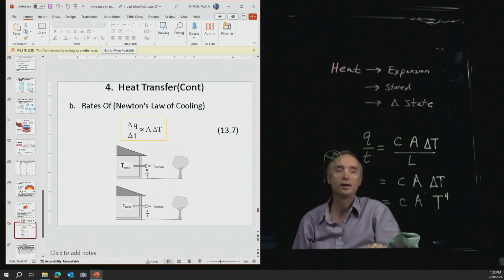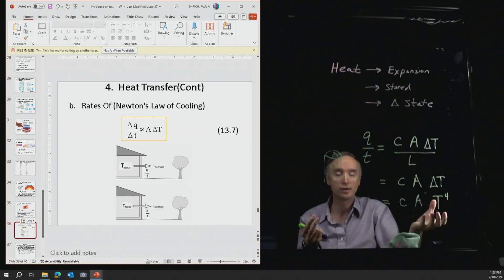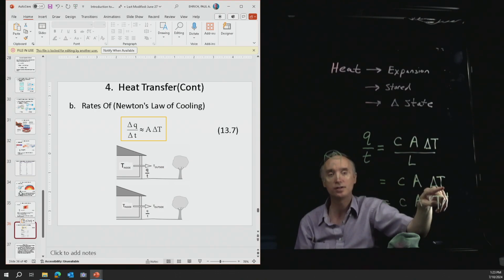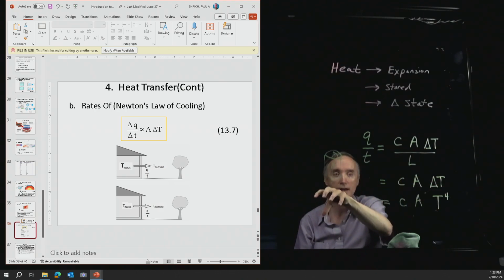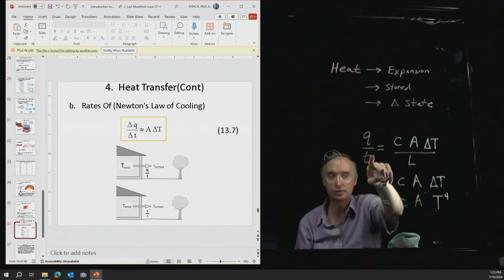So that this means that in the case of a house, the greater the temperature difference between the inside of the house and the outside of the house, the faster the heat is going to flow. So if you increase the change in temperature inside the house versus outside the house, that makes the heat flow faster.